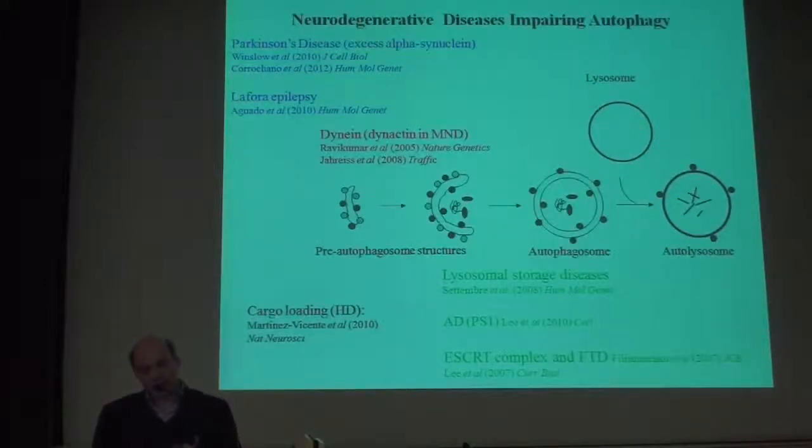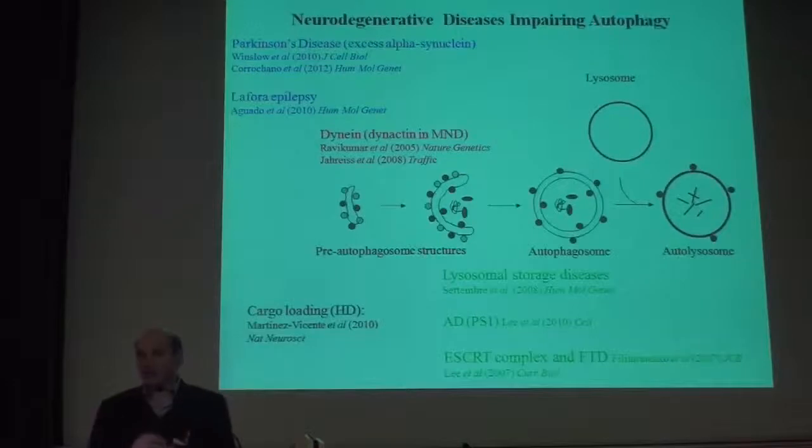Ashley Winslow in the lab showed, in cells and with others in Drosophila and mice, that if you've got too much alpha-synuclein, you block autophagosome formation. Indeed, if you take an alpha-synuclein transgenic mouse, for instance, which has no phenotype on its own, and you cross that to a Huntington's mouse, we found that you bring the phenotype on prematurely in the Huntington's mice when you've got excess alpha-synuclein.